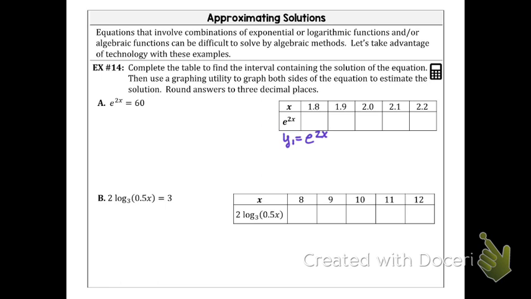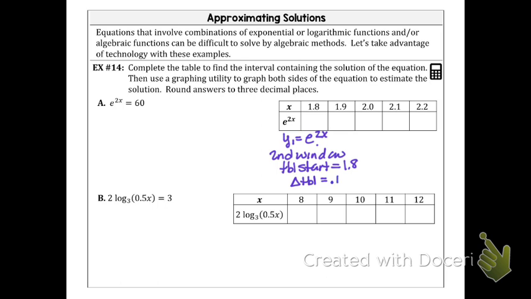So if we go to second window, first thing you'll see is table start. Well, I want to start at 1.8. And then I'll see my change in table, and I want to change that to 0.1.